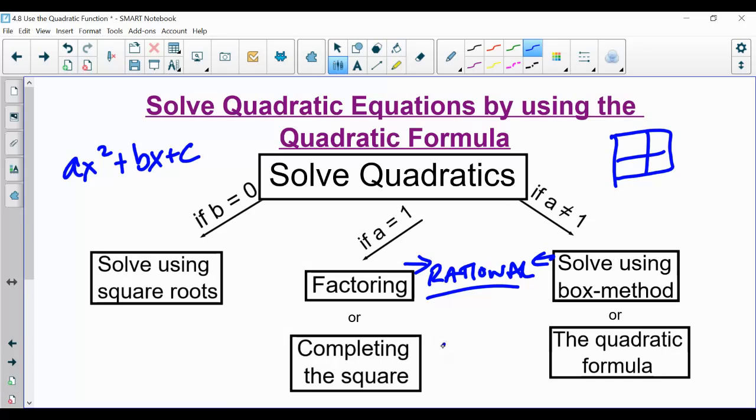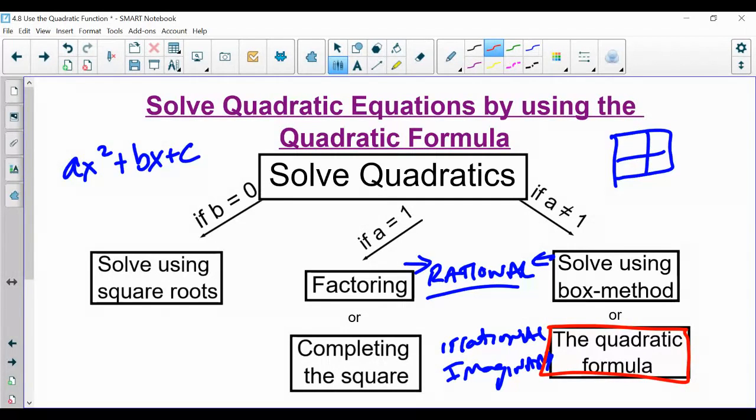If your solution is irrational or imaginary, then these methods would not work, and you would have to use the quadratic formula here. However, if for whatever reason you were struggling, even if the a term was 1, you could still use the quadratic formula. Even if the b term was 0, you could still use the quadratic formula.